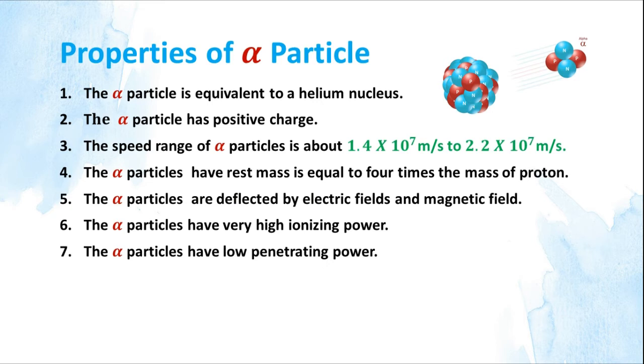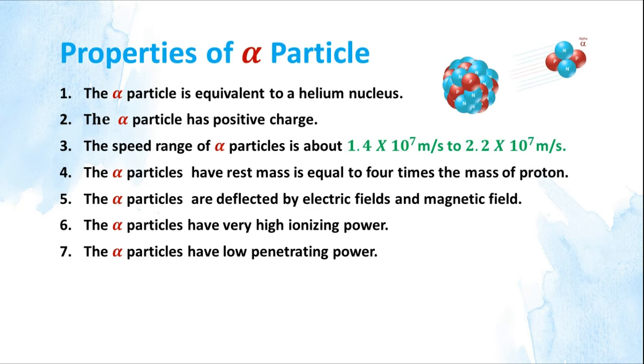The next property is that the alpha particles have low penetrating power. Penetrating means passing into the matter. You take one book and pass the alpha particle perpendicular to the plane of the book.